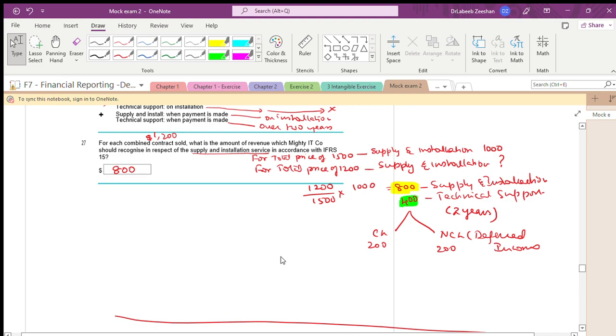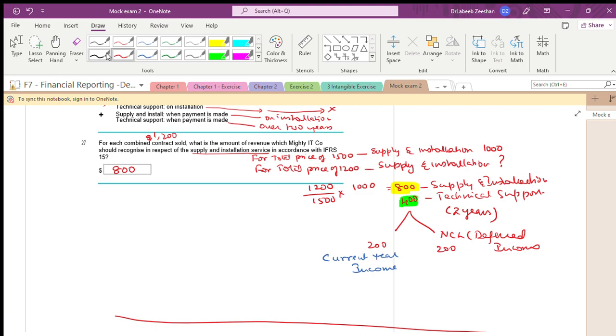Is it right? Next year we are not putting as a current liability. This is the current year income. Current year income is 200. Deferred income is 200.